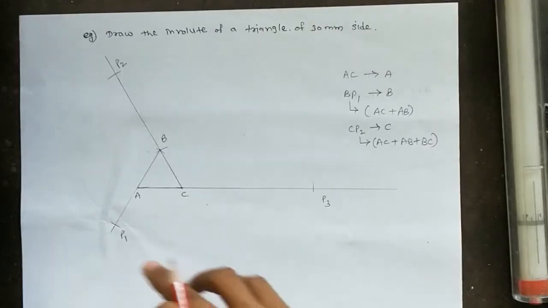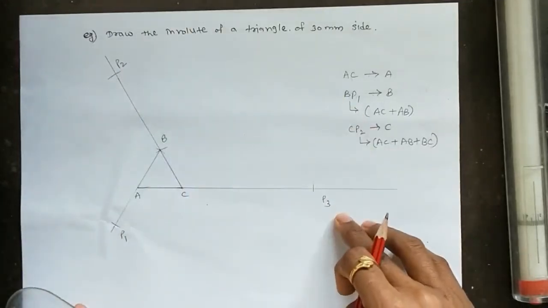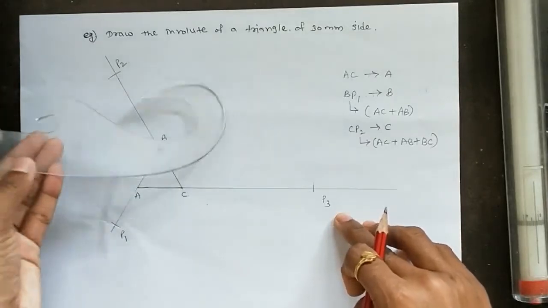Next, join these points P1, P2 and P3 with the help of a French curve.